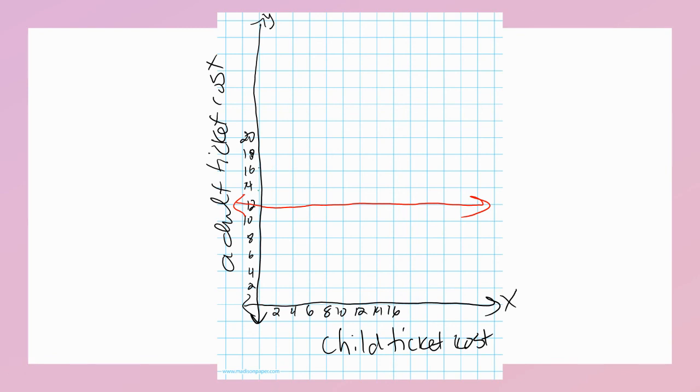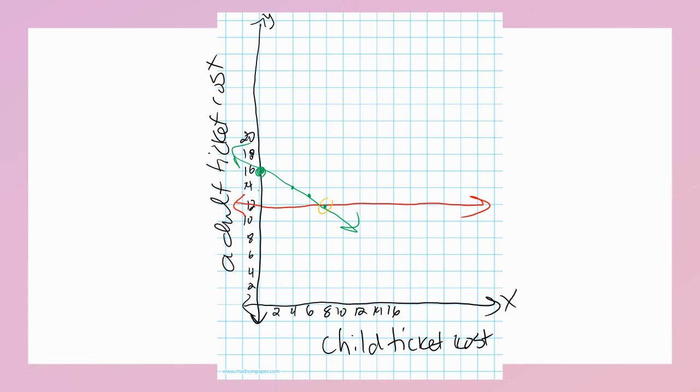So let's try that again. The y-intercept at 16. The slope is negative 1/2. So down 1, right 2. Down 1, right 2. Down 1, right 2. So there's that line.